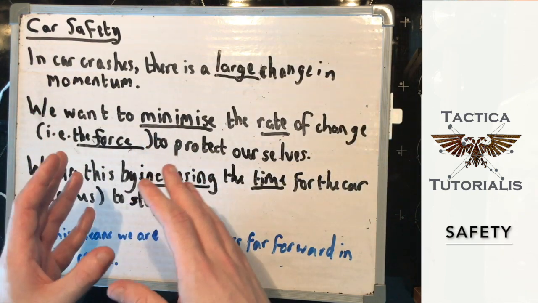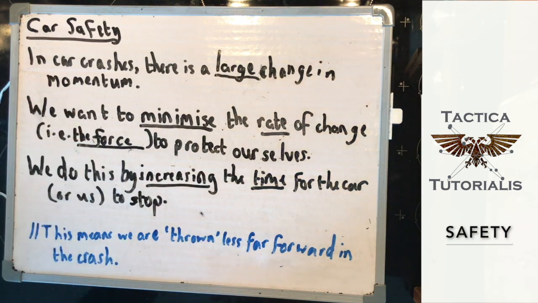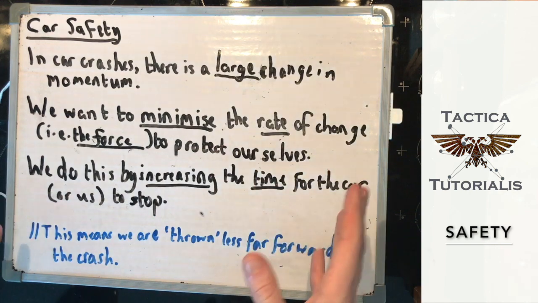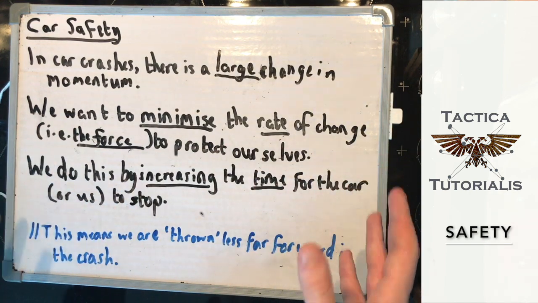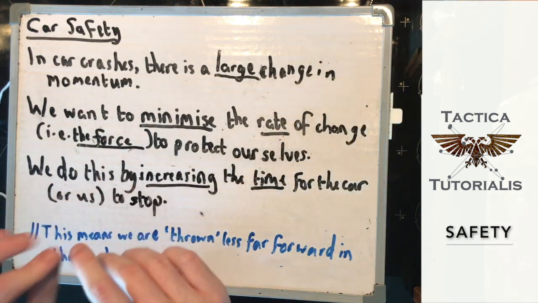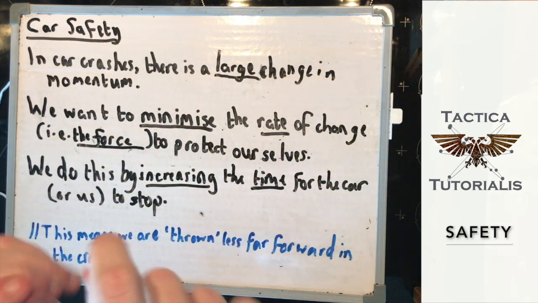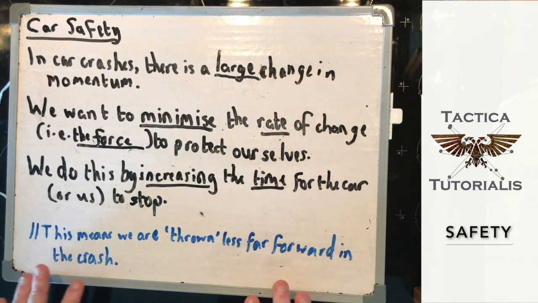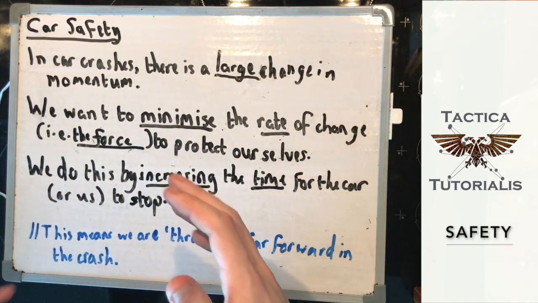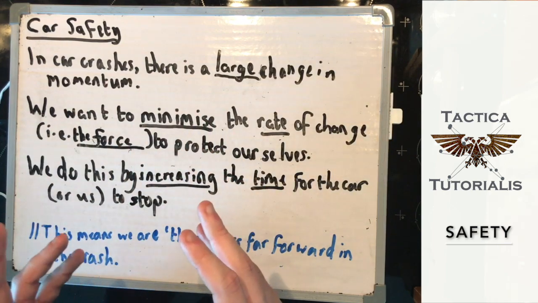So generally, you don't stop just because the car has. And that's why some people in very unfortunate car accidents, as you might have seen in movies, go out the windscreen, because they are not subject to the force that the car is, because they're not the car. But if we can reduce the force and increase the time for the momentum to change, that throw forward effect is reduced.